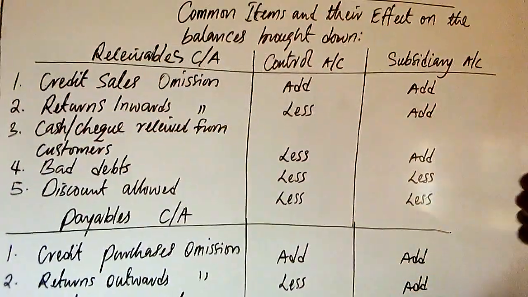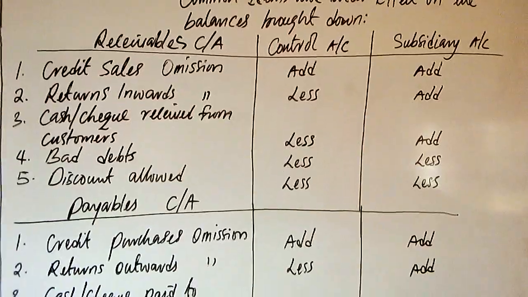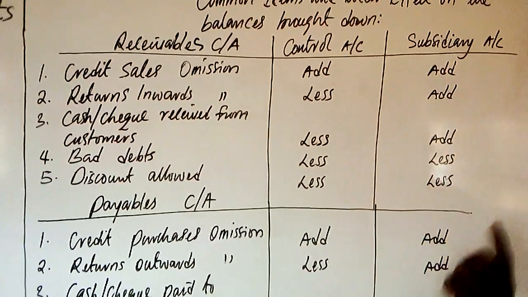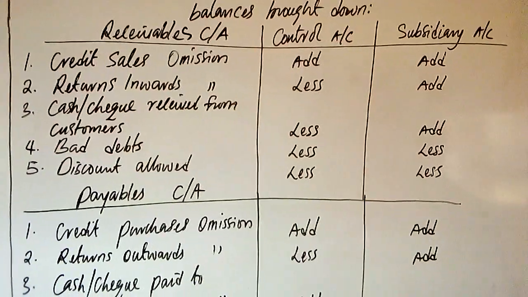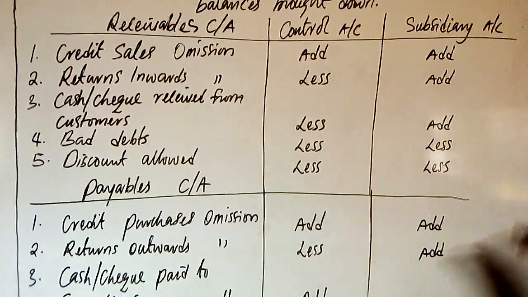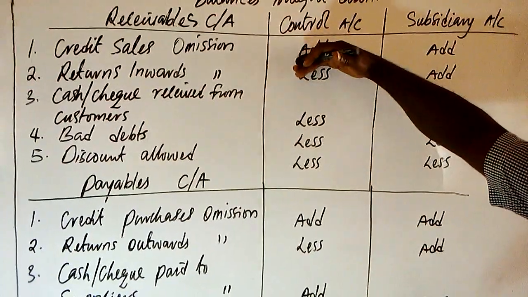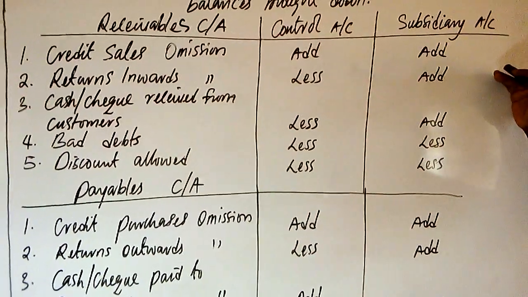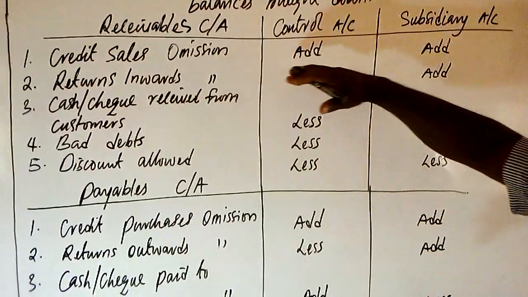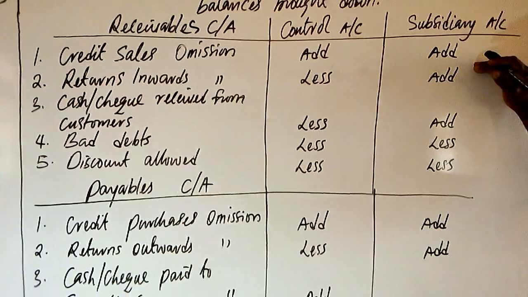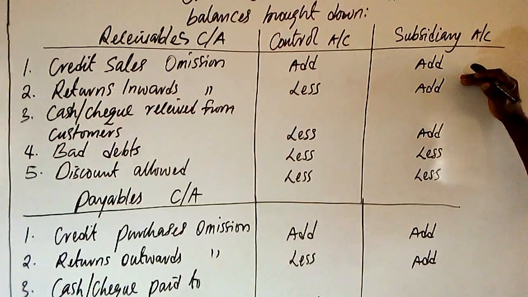For example, if a business has credit sales and a given amount has been omitted in the account, the omission is not on both sides. It's either omitted in the control account or omitted in the subsidiary account. If it's omitted in the control account and used in the subsidiary account, there will be a disagreement that calls for reconciliation.